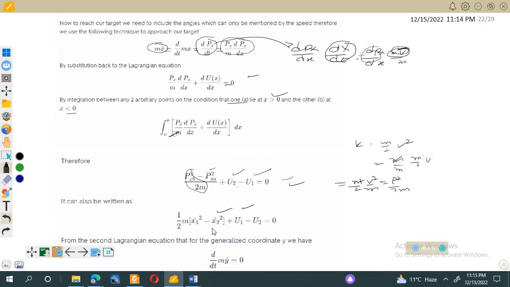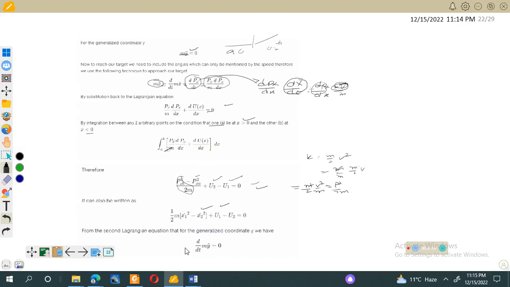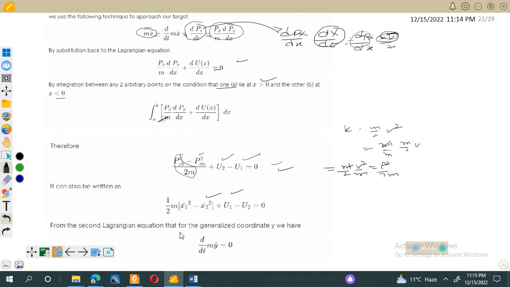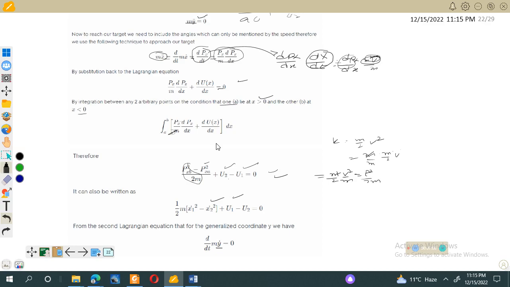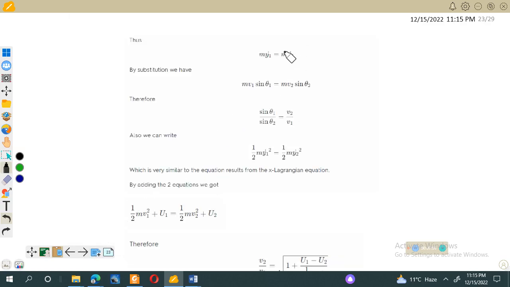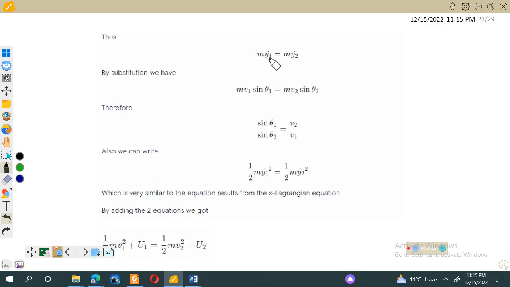So the second equation can be written as d over dt of my double dot is equal to 0, and if we evaluate this further, it will give my1 dot is equal to my2 dot, because dpy over dt is equal to 0.